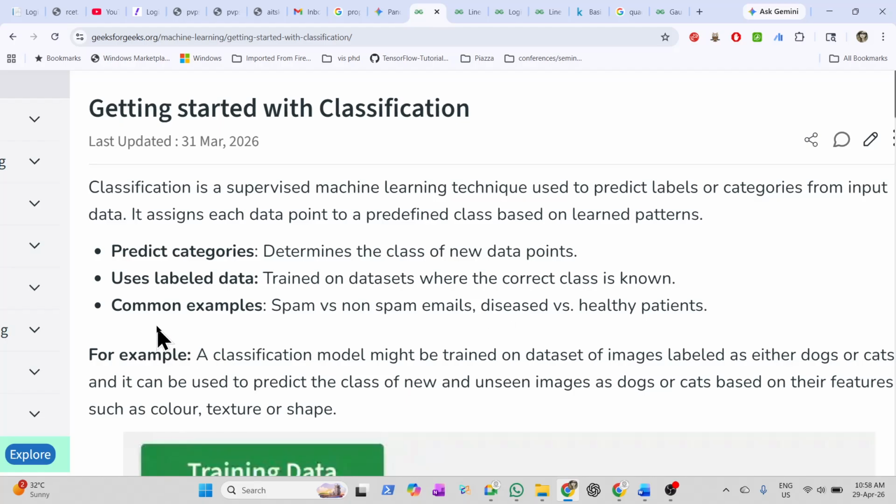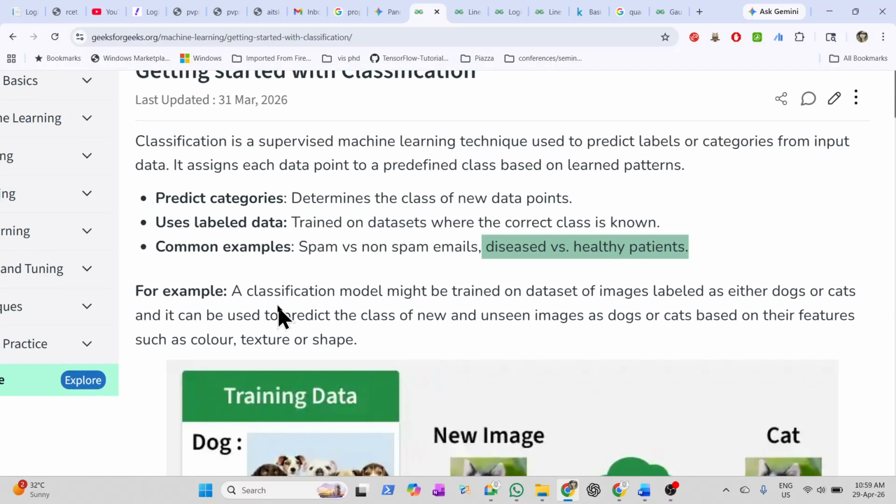class. And common examples of classification include spam versus non-spam emails. This is classification, classifying email into spam or non-spam. Classifying the patients based on their reports into diseased or healthy classes. A classification model might be trained on a data set of images labeled as either dogs or cats.